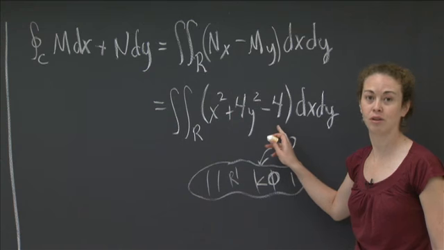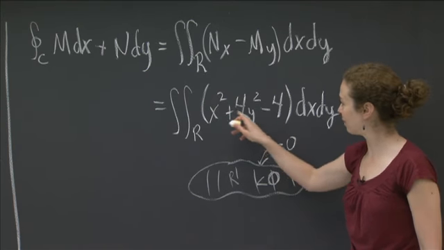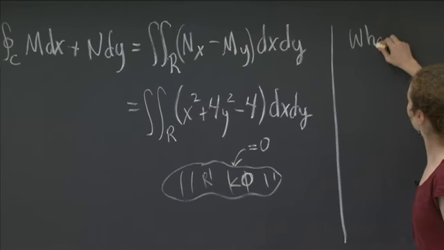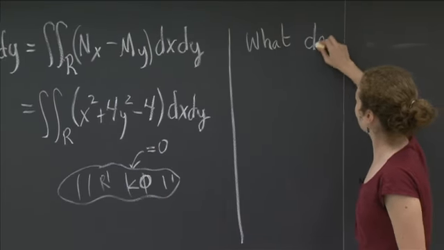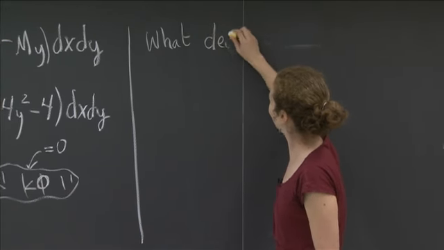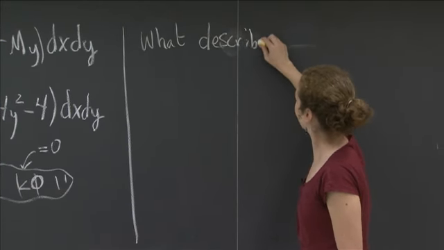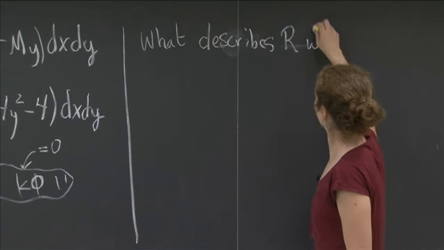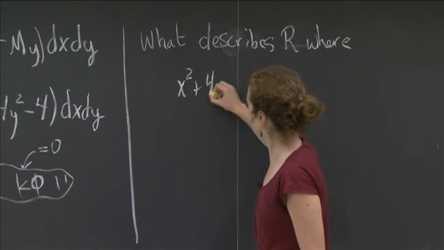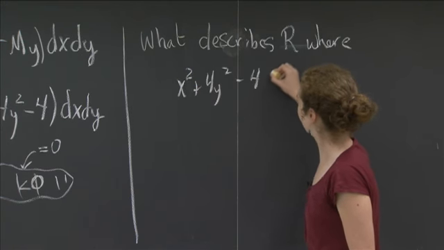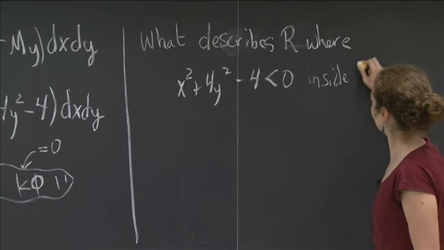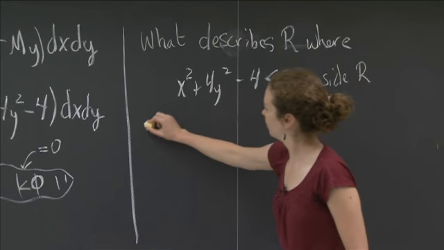Let's think, geometrically, about what describes S, the region where x squared plus 4y squared minus 4 is less than 0 inside it.